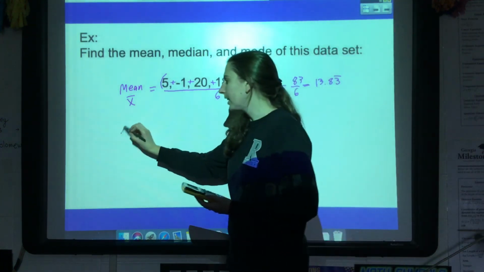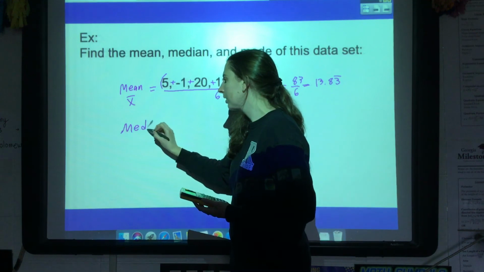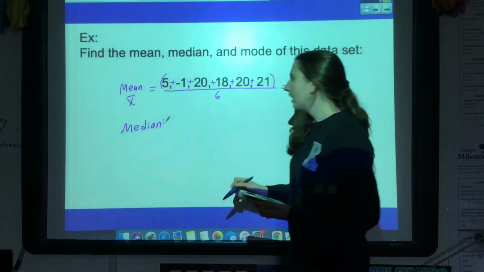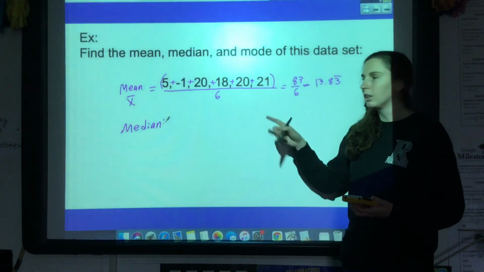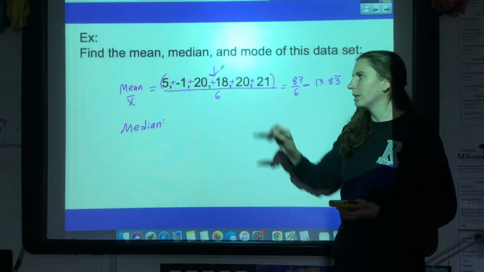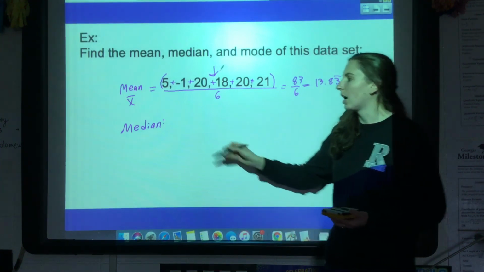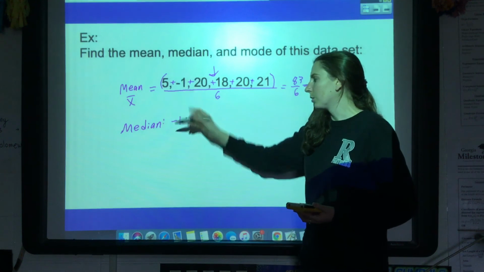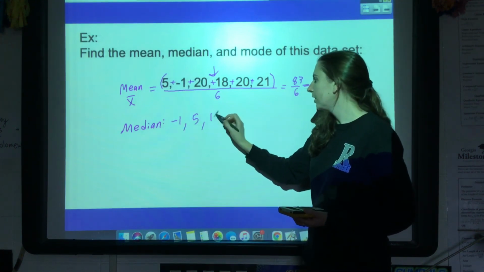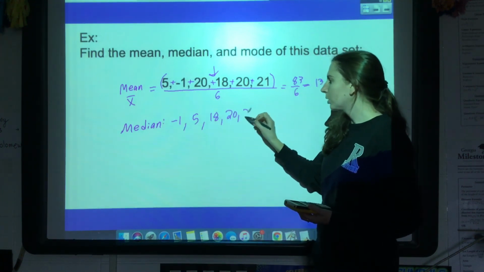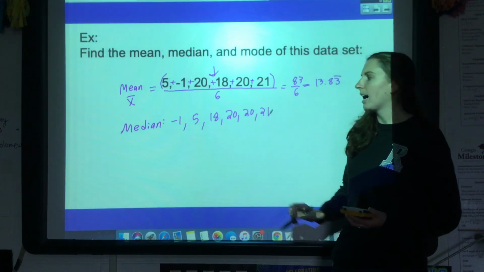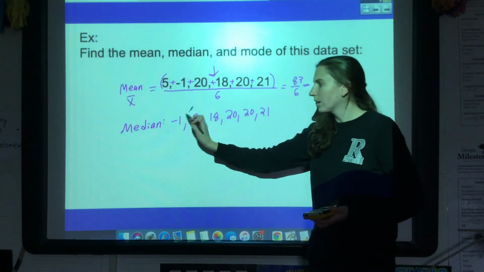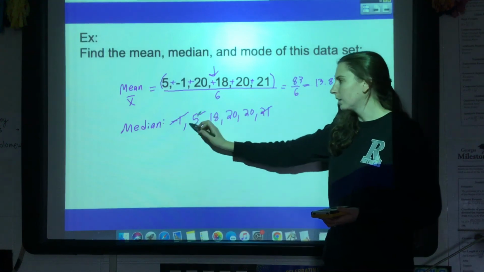For the median, you have to put them all in order. The median is the middle number, but to find the middle number, you can't just be like, oh look, there's the middle. It doesn't make any sense if they're not in order. So we'll start with -1, 5, 18, 20, 20, and 21. So lowest to highest, and then just kind of cross them off until you see which one's in the middle.